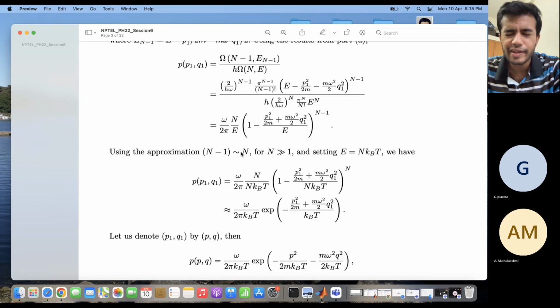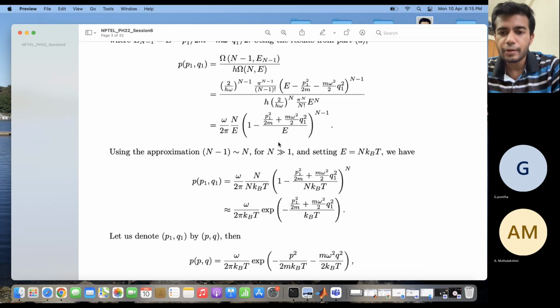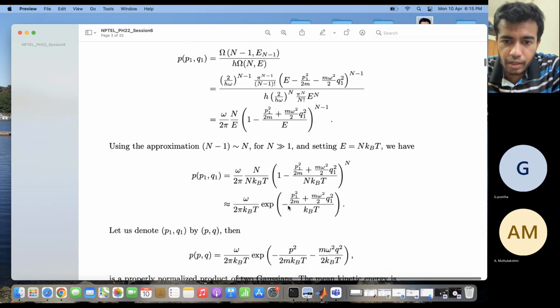Therefore, N minus 1 is almost equal to N. If we do this, then we could basically replace the N minus 1 over here by N, and we set E equal to N k T, which we had obtained earlier. Then once we do that, we can get an expression like this. So you see, basically this is 1 minus this quantity over here. This is a very small quantity because N is large.